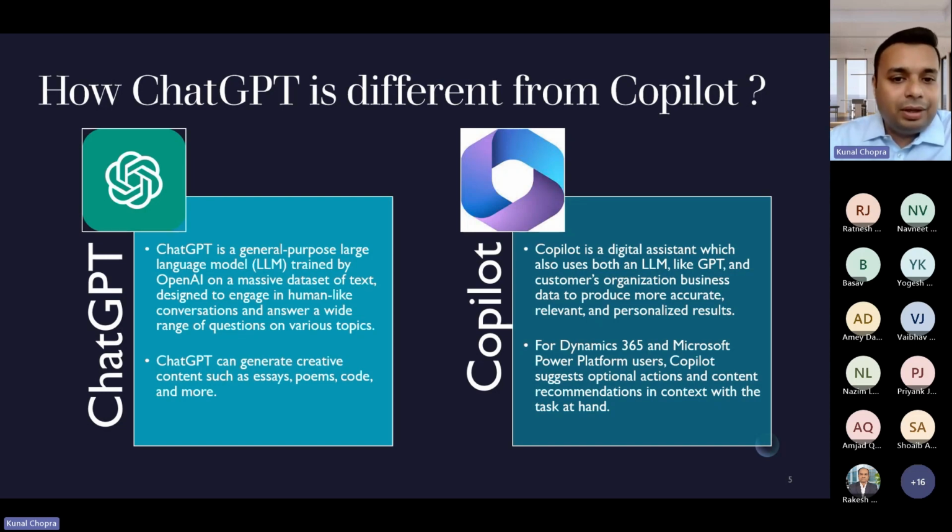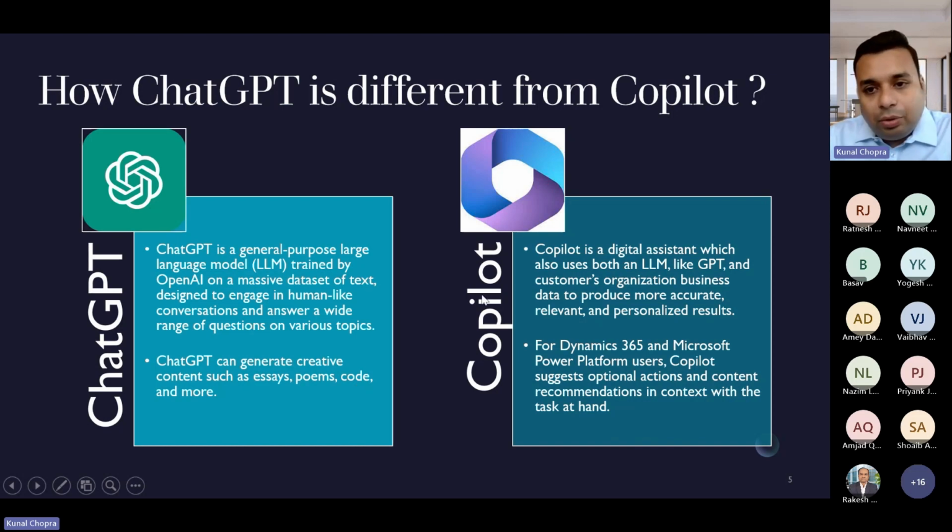It is trained on a large set of topics, and it helps us create content like essays and poems, and some of the models can also help with code generation. Similarly, we have other models for images as well, like DALL-E, which can generate images for us. So ChatGPT is more of a text generating model.